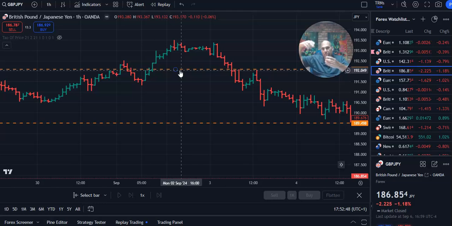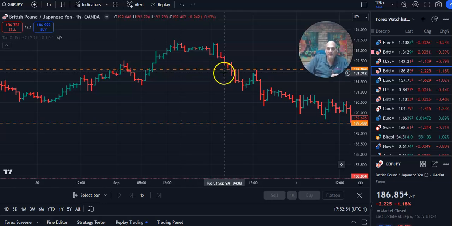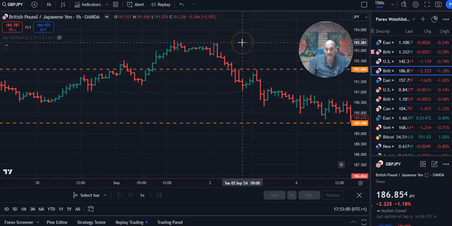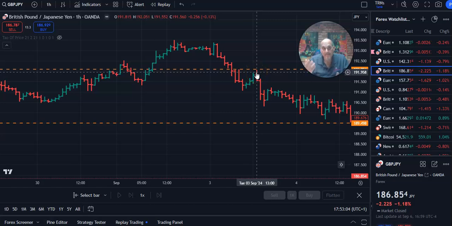I mean, if resistance broke, it should be support. Look what this marketplace does. Makes a low, comes right back up. You sell this. If anything, you could put your stop up here, 193.38. It's kind of far. It's 192.09. But you have to work that out. I mean, maybe a 50-point stop you can put on it.